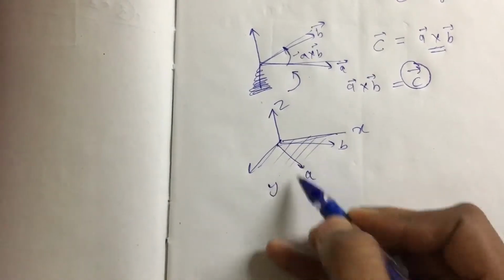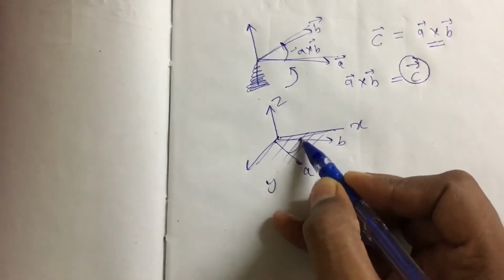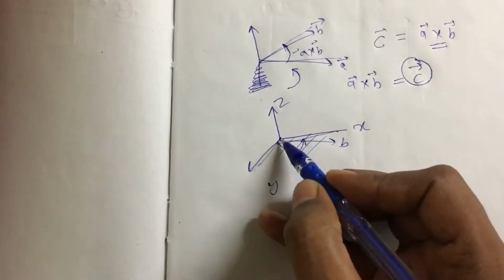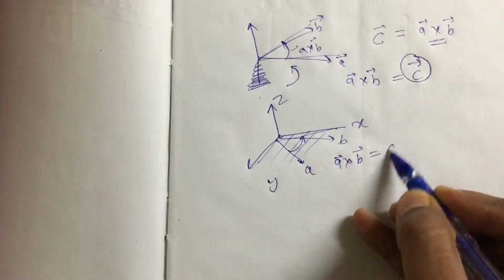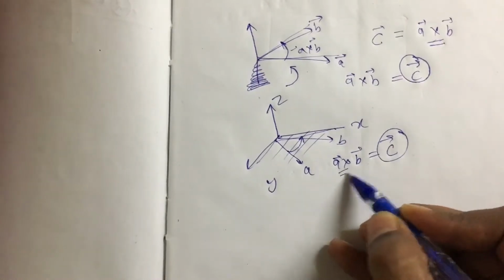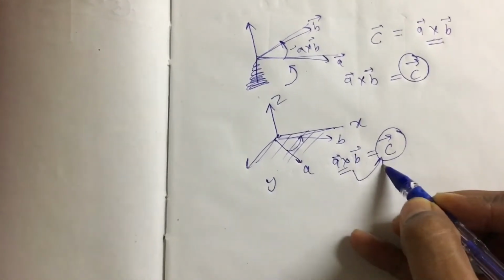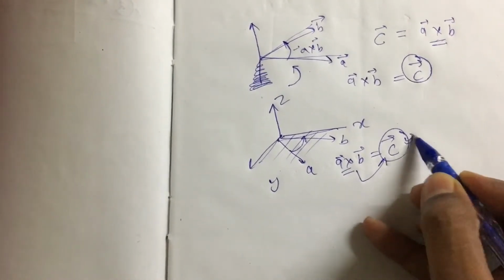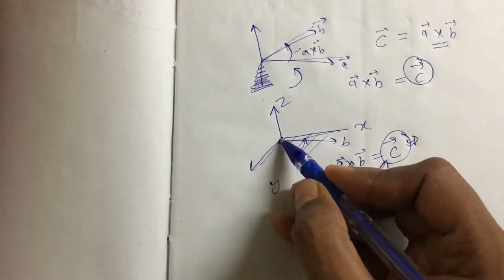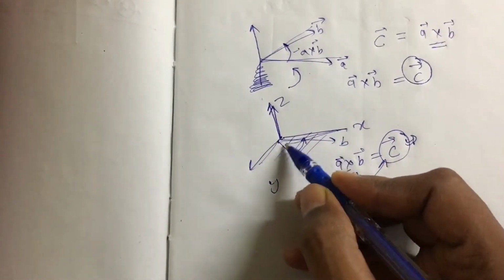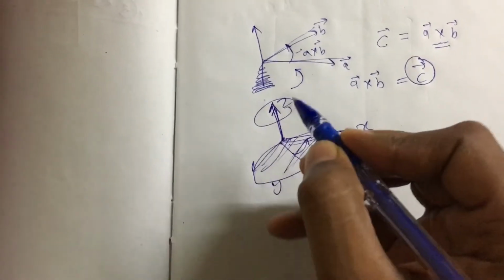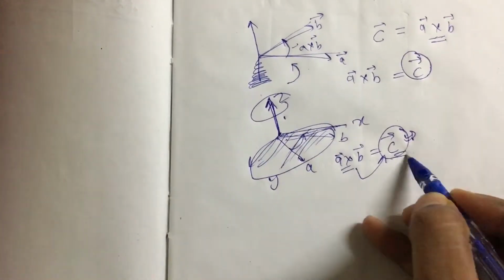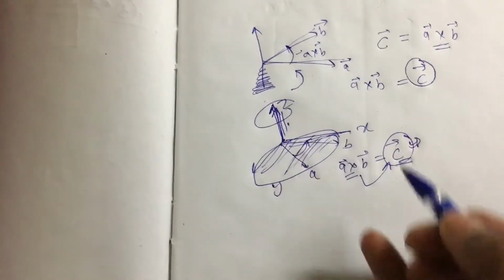In this plane, if you do A cross B, then whatever answer comes will be a vector quantity, because you are doing A cross B, and A cross B will give you another vector quantity C, because this is cross product. Cross product will always give you a vector quantity. So this vector quantity will have a direction. That direction will always be perpendicular to the xy plane. This plane and this are perpendicular. So this vector C will be in the direction of Z.